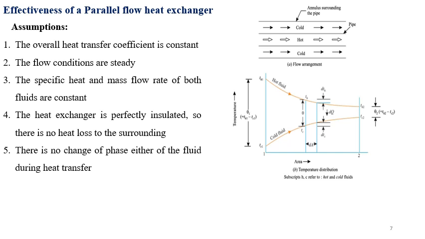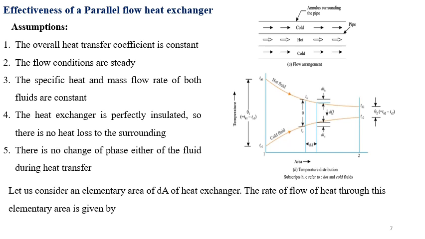Then, as in the LMTD method, we consider an elemental area dA of the heat exchanger for the initial analysis. Then we will integrate it and apply it to the full length or full area of the heat exchanger.